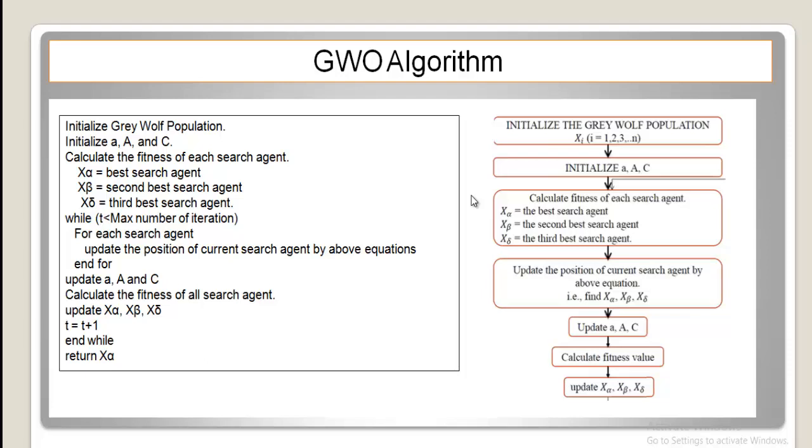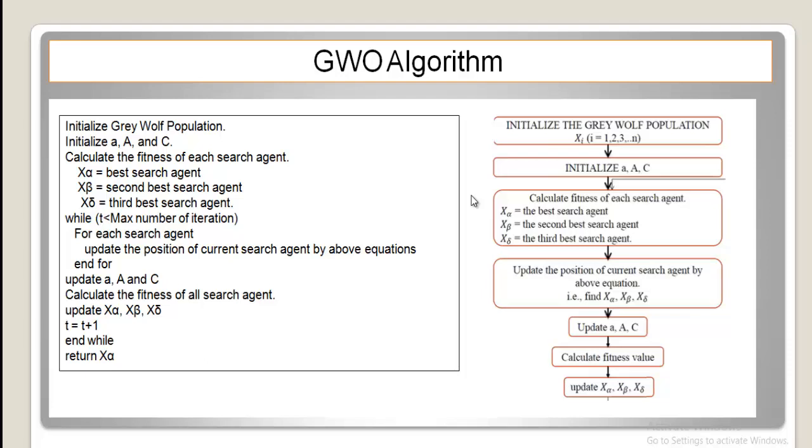We begin by initializing the gray wolf population. This is where we set up the initial solutions randomly dispersed through the search space.